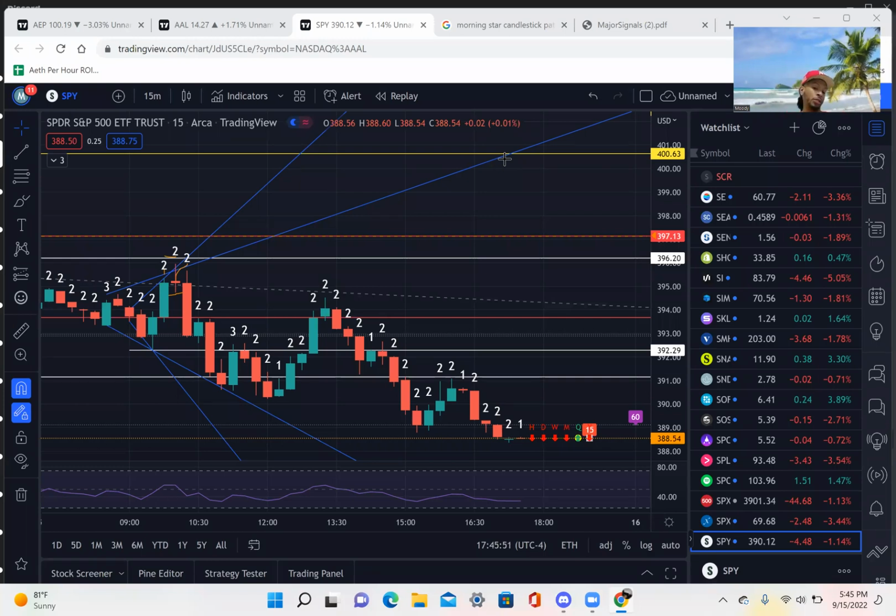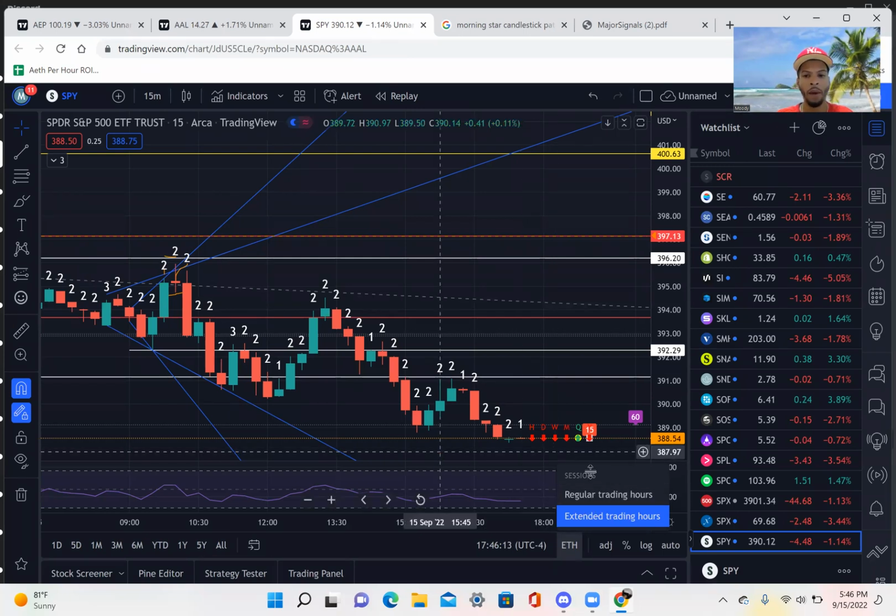Yeah, I trade with extended hours on. I don't ever turn my extended hours off. Sometimes they'll be off because I'm helping somebody and I'm trying to get my chart to look like theirs, so I'll put real time on and I'll forget. But anytime you look at my chart and look down here, you'll see ETH, which is the after hours trading session. I never have regular time. I used to trade with regular time, and the strat works on both.